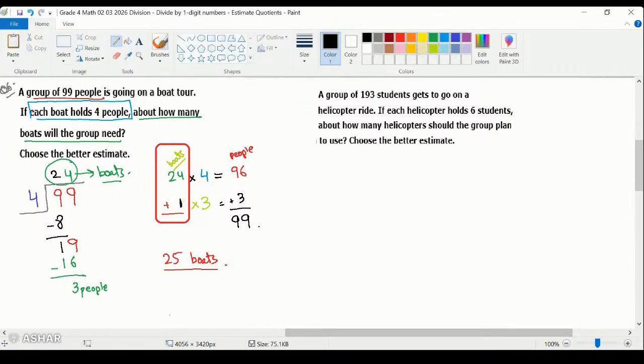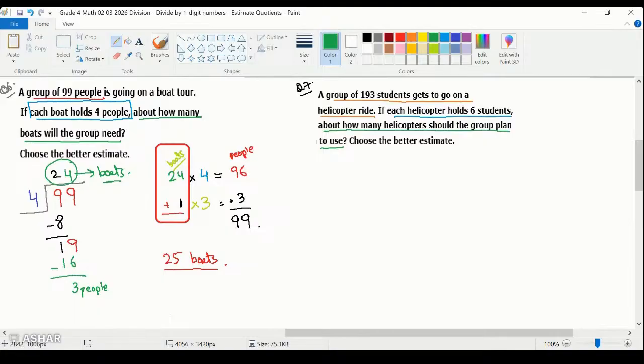Question number 7. 193 students going on a helicopter ride, if each helicopter ride can hold 6 students. Okay.